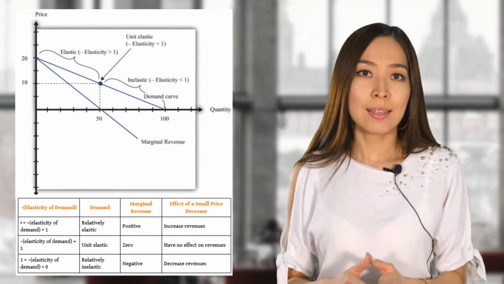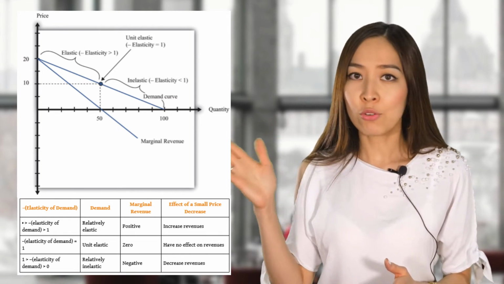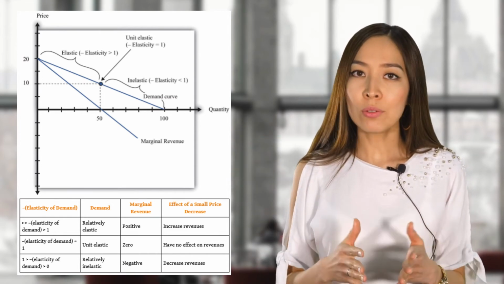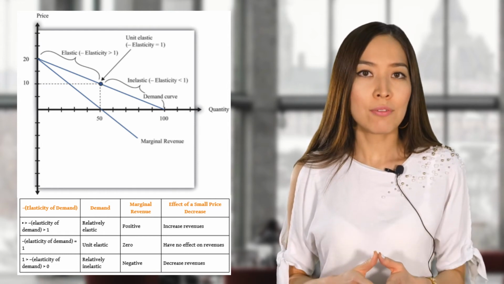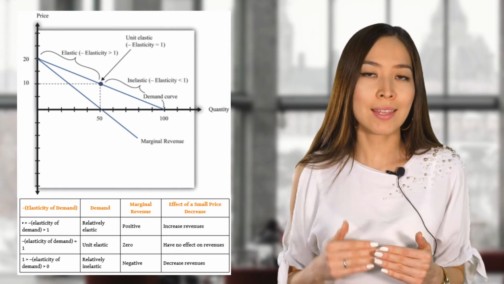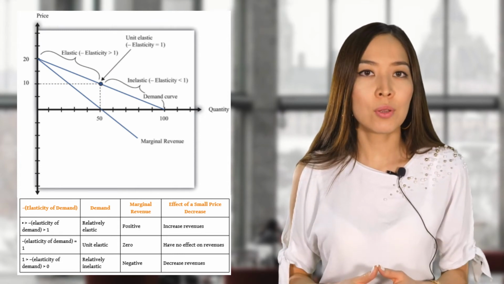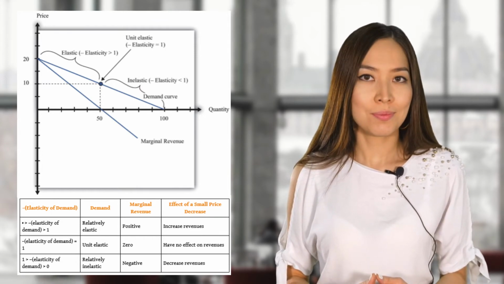Now let's consider the next important graph. Here, the graph of demand and the downlying one is marginal revenue. This graph represents two parts of demand. At smaller quantity and a higher price, marginal revenue is positive, and the demand curve is elastic.